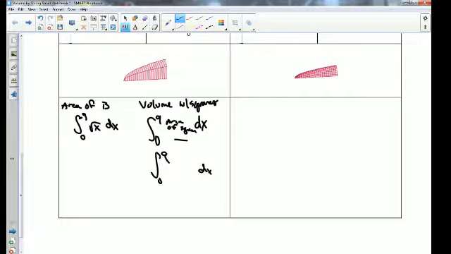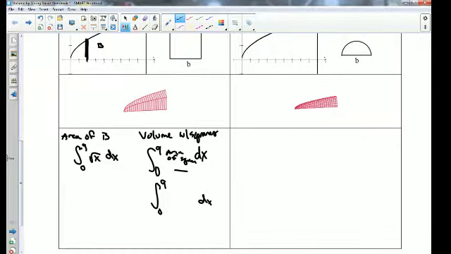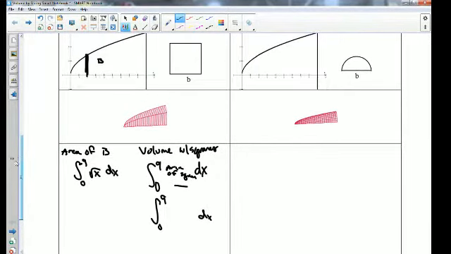I'll slow down here. That's a 9. Okay, so if I were to put this base in terms of x's, how tall is that base?